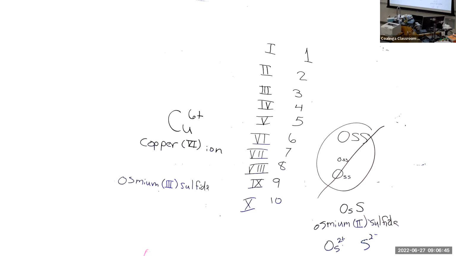Okay, what about osmium 3? What is that? What's going to be the charge on this osmium? Okay, so it's going to be. They're trying to pair something. They're going to try to pair again? Oh, and they're pretty persistent, aren't they?